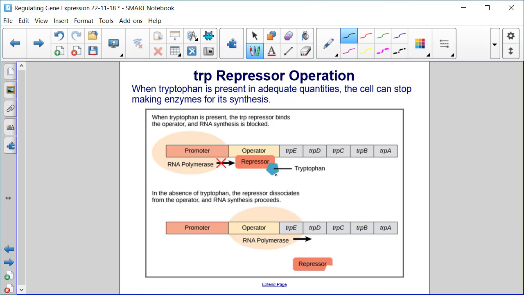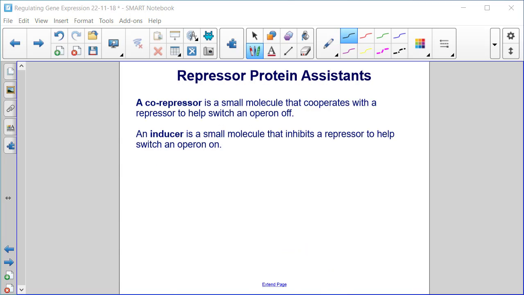In the absence of tryptophan, it can't bind the repressor, and therefore the repressor can't bind the operator, and RNA synthesis proceeds.